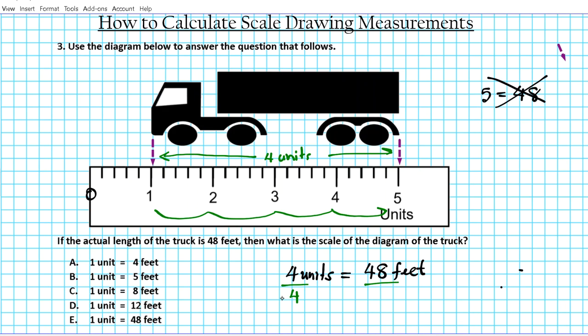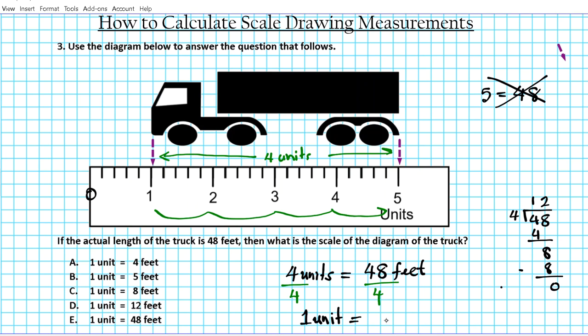And since we divided the left side of the equation by 4, we have to do exactly the same thing on the right side, in order to preserve equality. So 4 divided by 4 is 1. So 1 unit is going to be equal to what? We have to divide 48 by 4. Let's do that using long division. 48 divided by 4. 4 goes into 4 one time, 1 times 4 is 4, subtract to get 0, bring down 8. 4 goes into 8 two times, 2 times 4 is 8.